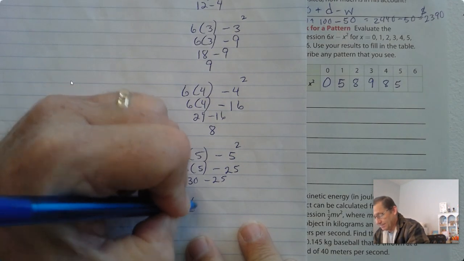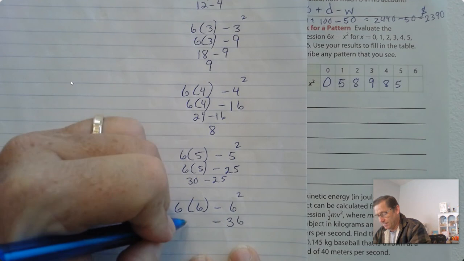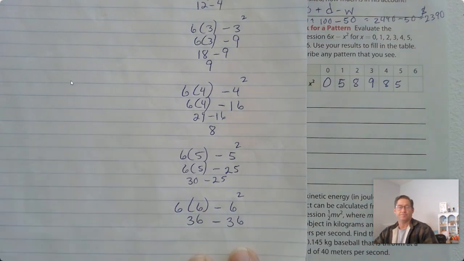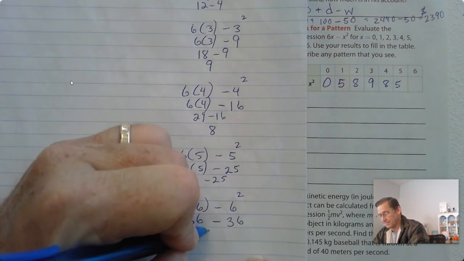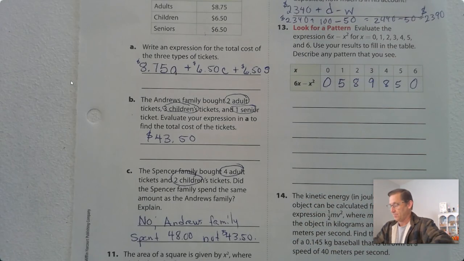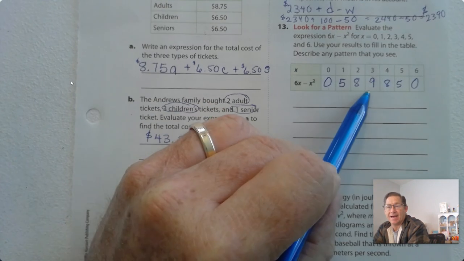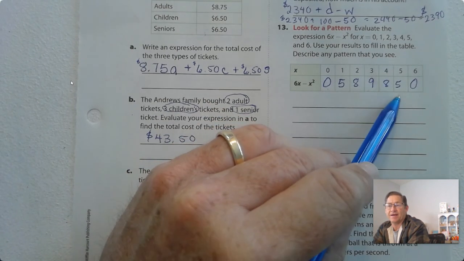And 6. 6 times 6 minus 6 squared. 36 minus 36 is 0. All right, describe any pattern that you see. Well, it looks like it's increasing: 0, 5, 8, 9, and then decreases: 8, 5, 0.